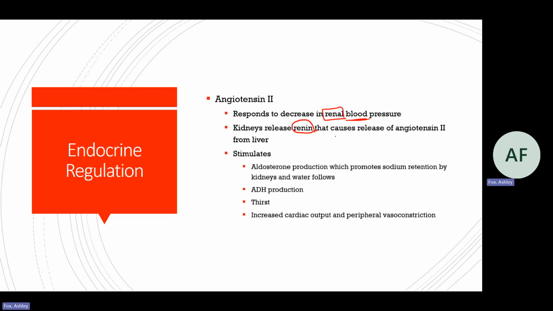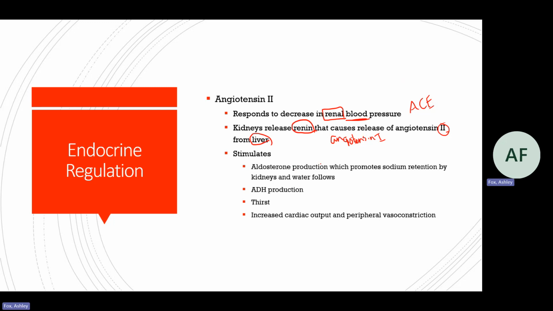Renin then causes the release of angiotensin 1. Then an angiotensin converting enzyme, ACE, is going to convert it to angiotensin 2. That is going to happen in the liver.